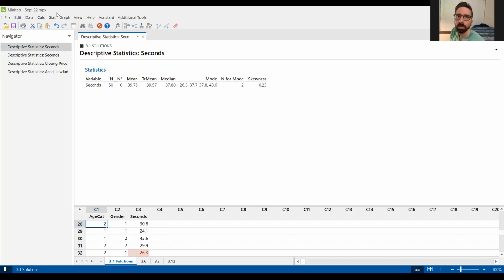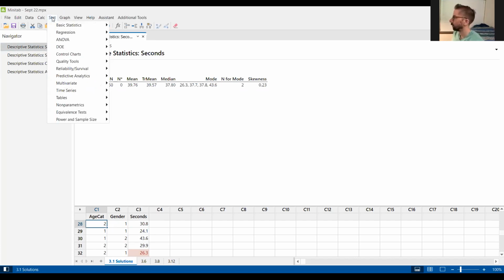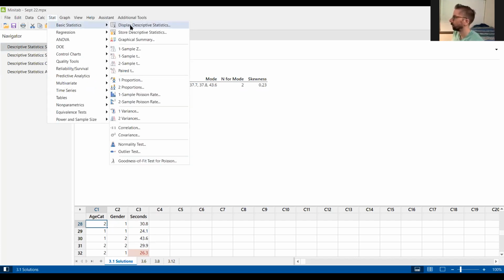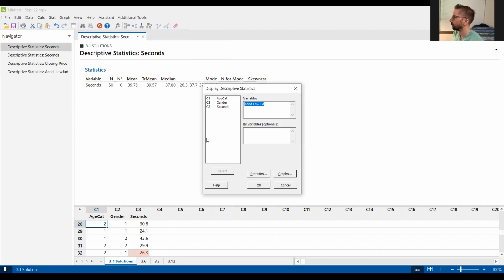So I went into Stat, Basic Statistics, Display Descriptive Statistics. This looks like something else, I don't understand what this is, so I'll get rid of it.